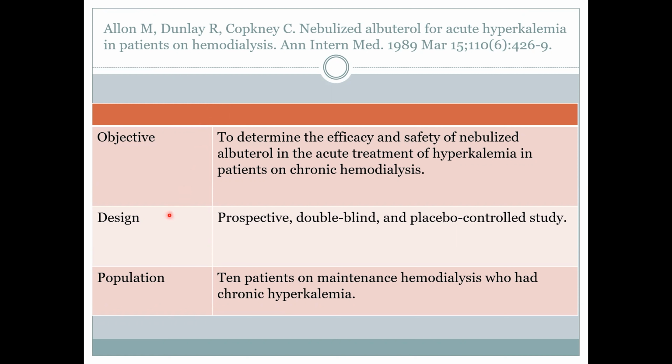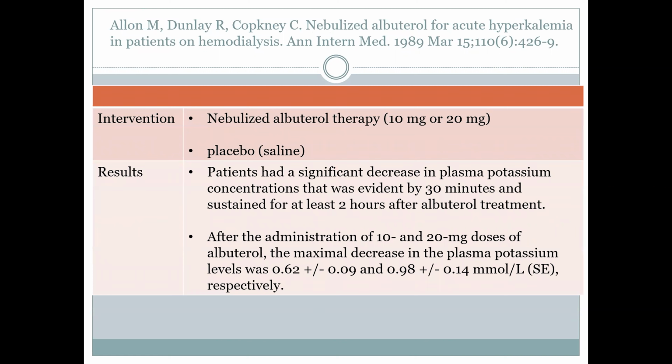The design was a prospective double-blind placebo-controlled study, and they looked at 10 patients, again, that were on HD and had chronic hyperkalemia. They used nebulized albuterol at either 10 or 20 milligrams compared to placebo. And what they found was that patients had a significant decrease in plasma potassium concentration.